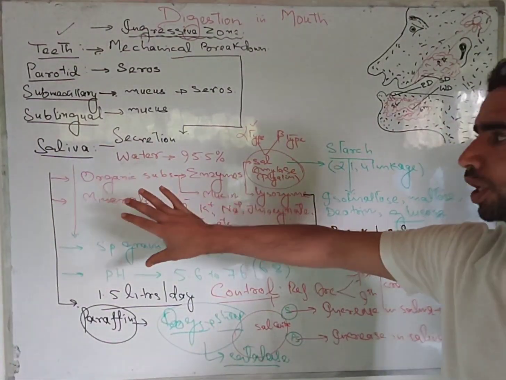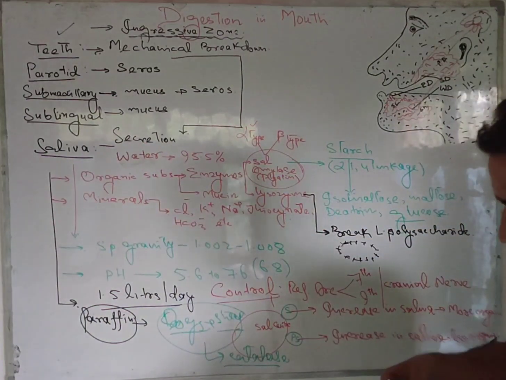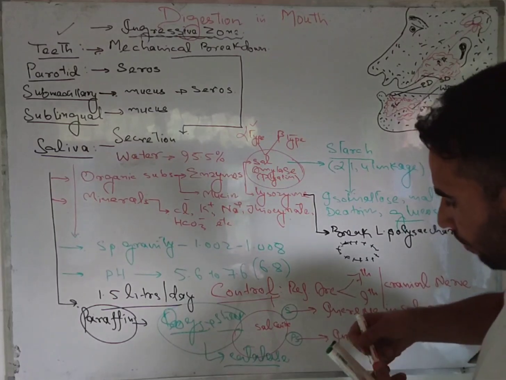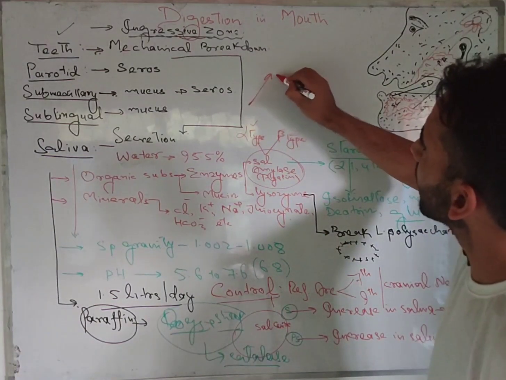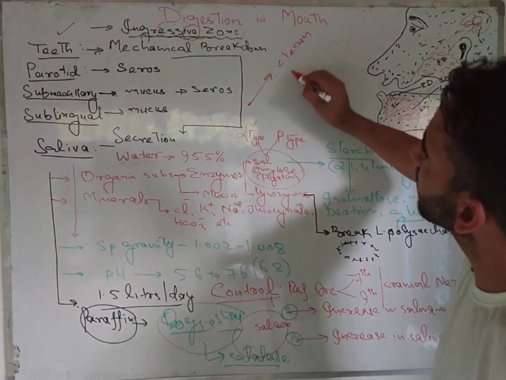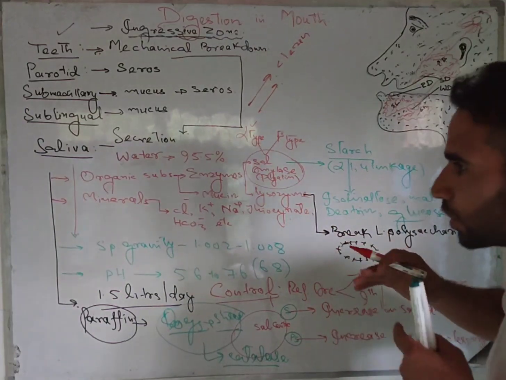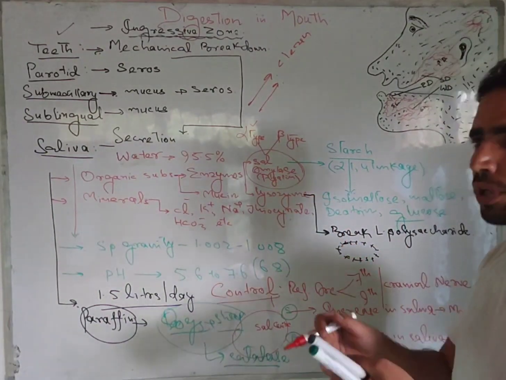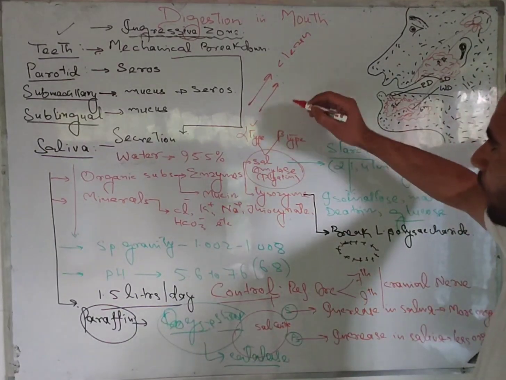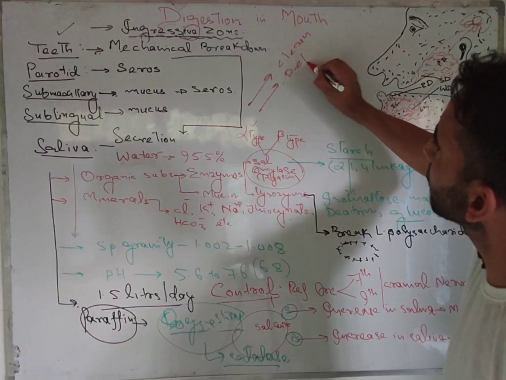Then if you are asked what the other functions of saliva are: it is the saliva which is responsible for keeping your mouth clean, and it is this saliva which provides resistive or immunity functions against most types of pathogens. So it is defensive as well.